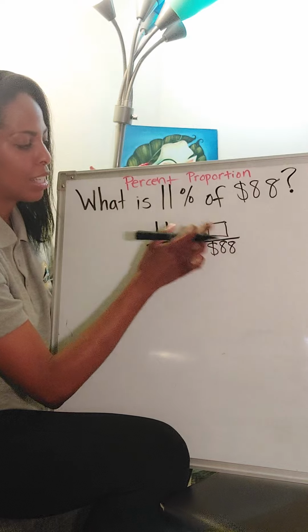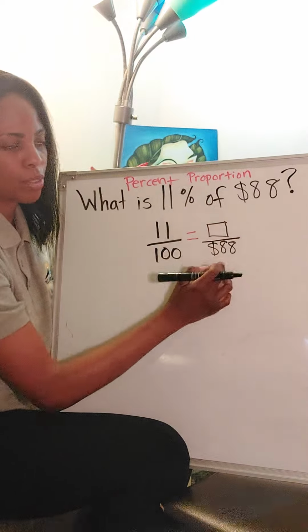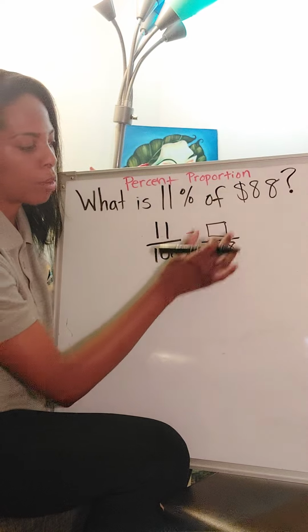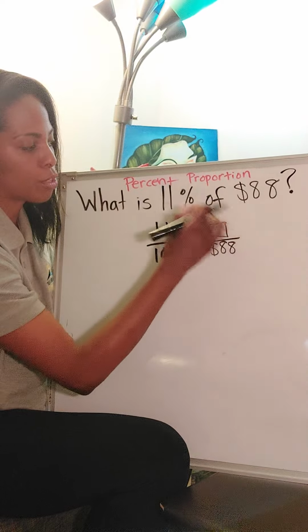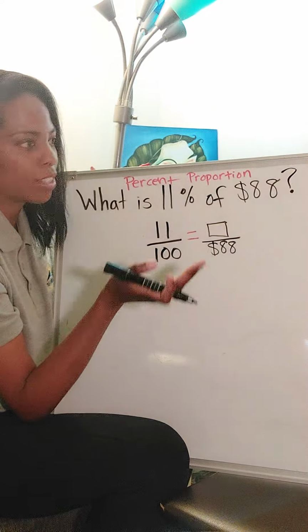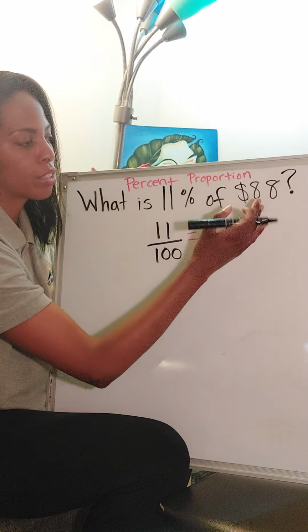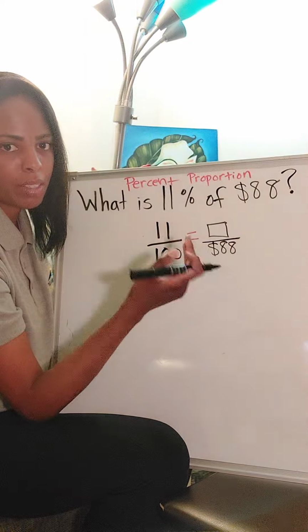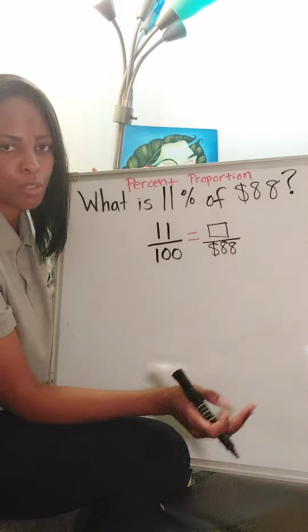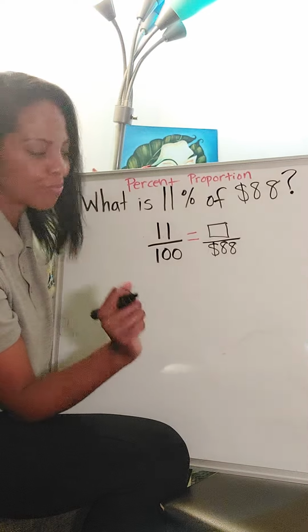What is 11% of the $88? So how many dollars off will I get from the price? If there's a sale and you get 11% off of $88, how much money will I get to reduce $88 by, to see how much money I'll actually have to spend for my shoes?